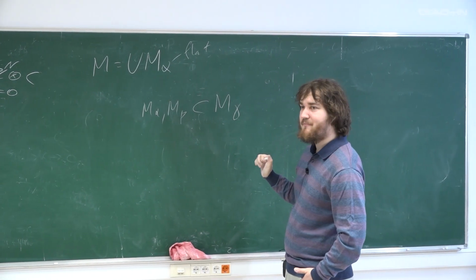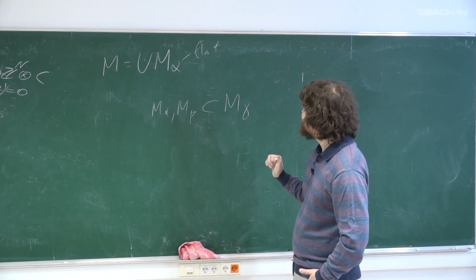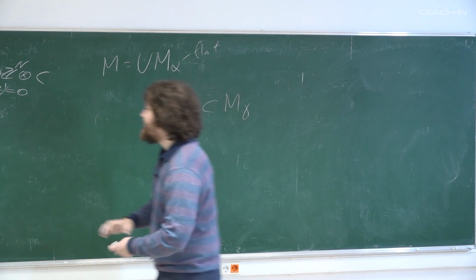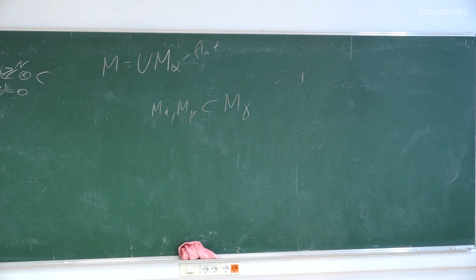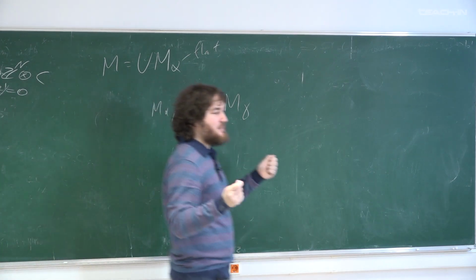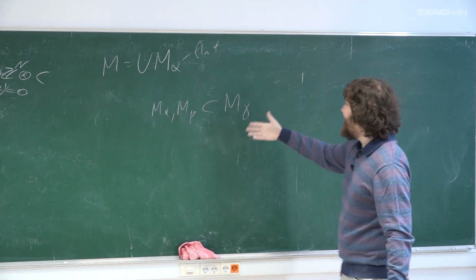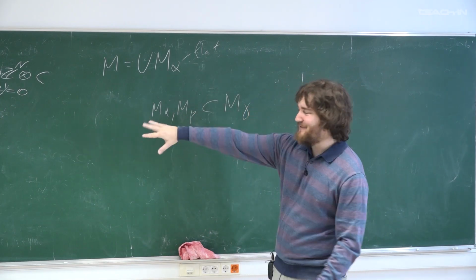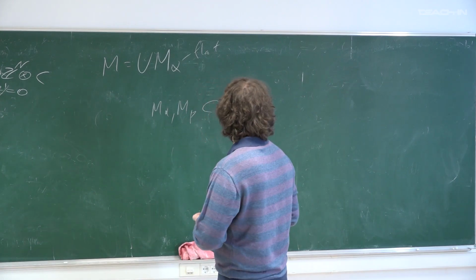Why can't I take M equals to M? Why do we need this? Because we need some elements. These elements maybe lie in different modules, and we need one greater module which contains all of them. I need that any finite number of elements, in fact, any finitely generated module lies in some module of this sort, okay? Because then this argument works.